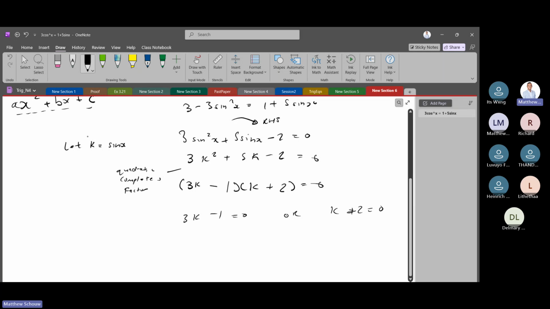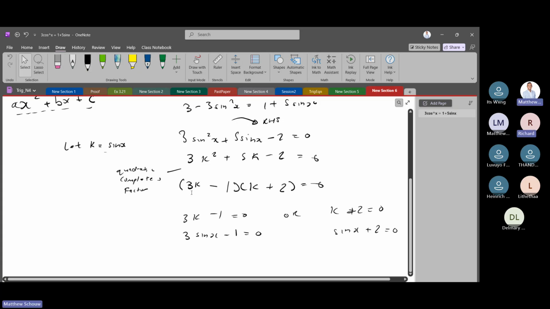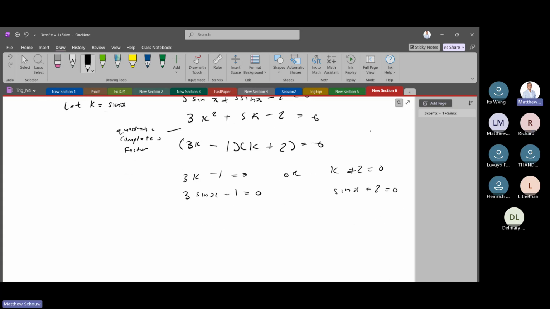Obviously, we've declared that k equals sine x. So we have 3 sine x minus 1 equals 0, or sine x plus 2 equals 0. Luckily for us, sine operates within limits of 1, so sine cannot be equal to 2. So we don't have to worry about that one. Is everyone happy with that one?